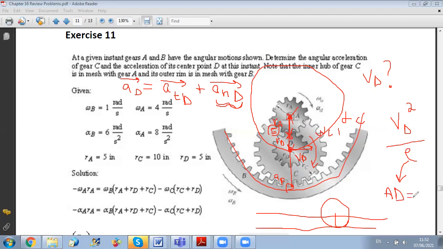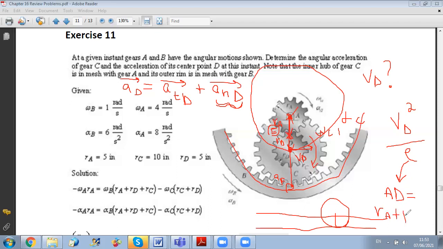So by calculating the velocity of D, you can find the normal acceleration of D.